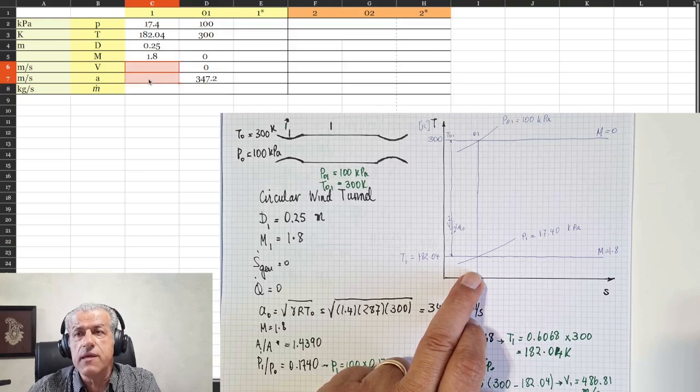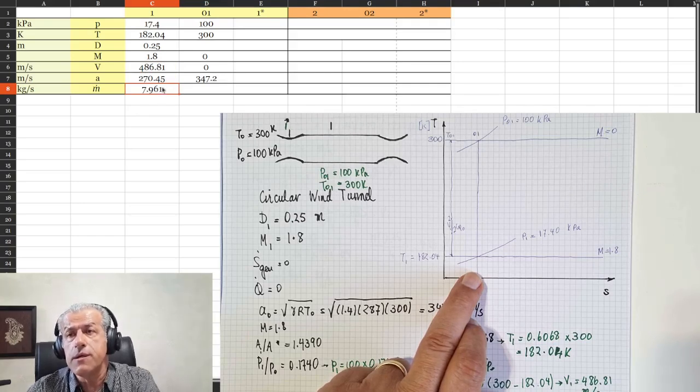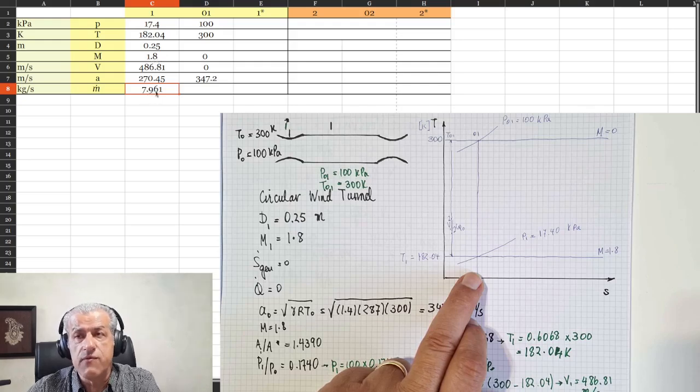We calculated the velocity and speed of sound as 486.81 and 270.4, and if you remember, we divided them and learned that the ratio, the Mach number, is 1.8.